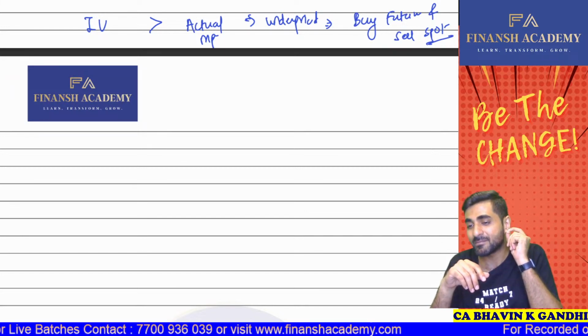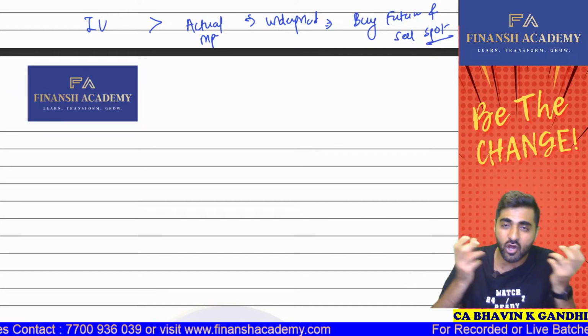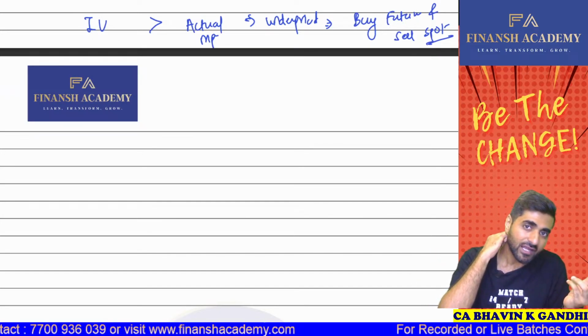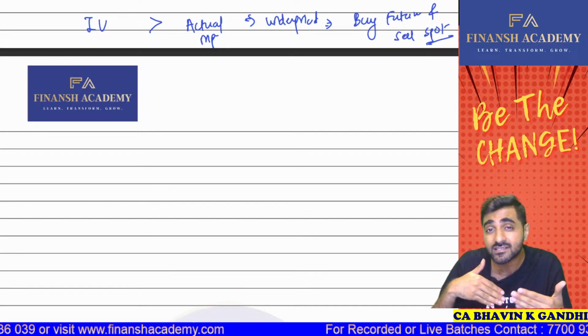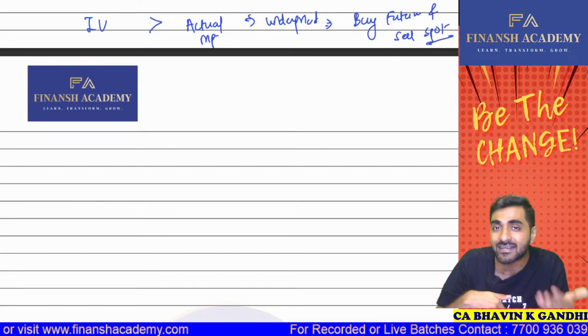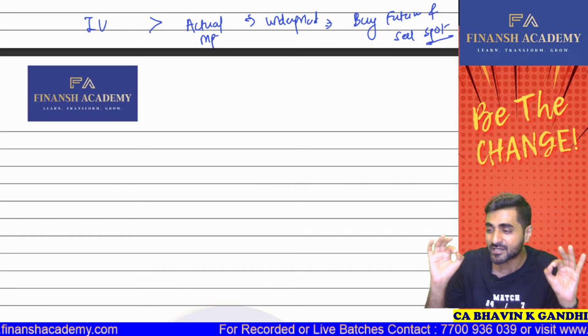Now, he does not have any money available. If he's selling futures and buying the stock in the spot, he will not have any money. So he has to take loans, and if he takes loans, he has to pay interest as well. All these things we have to take into consideration to generate the arbitrage profits.